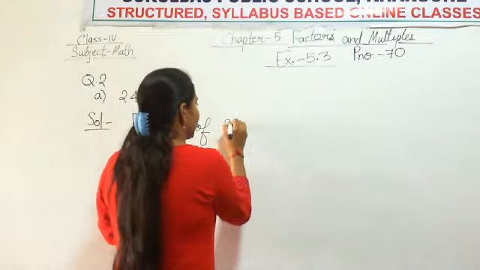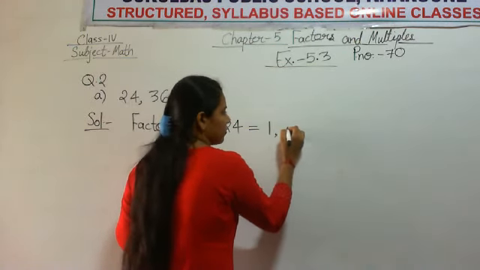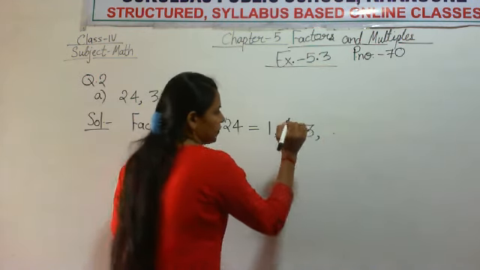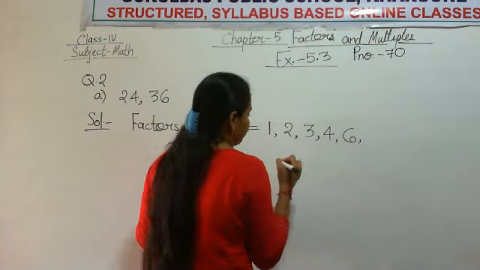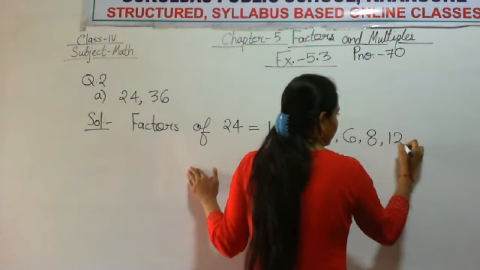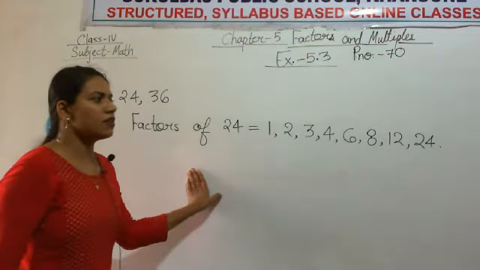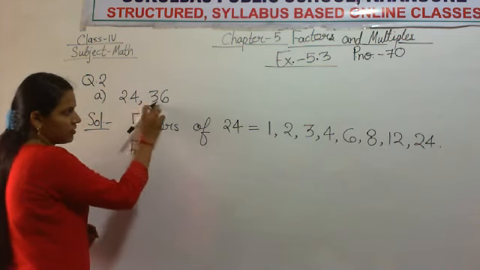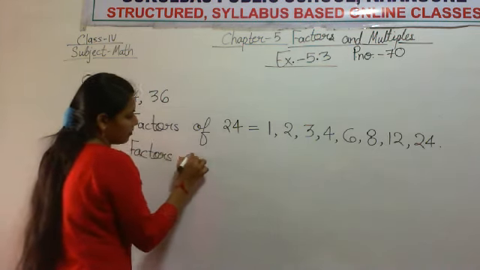So factors of 24 are 1, 2, 3, 4, 6, 8, 12 and 24. These are the factors for the number 24. Now next number is 36. So write down the factors for 36.